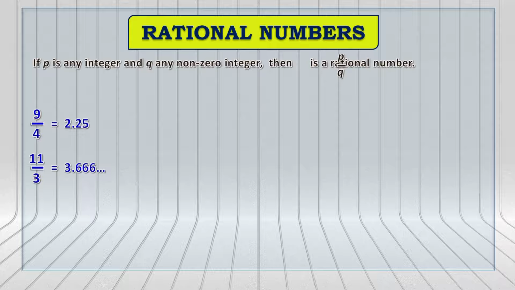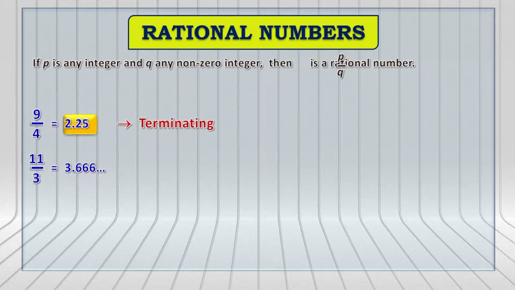In class 9 you learned about terminating and recurring decimal numbers. Here, since 3.6 keeps on going, this is a recurring decimal number, non-terminating, so it is not stopping.